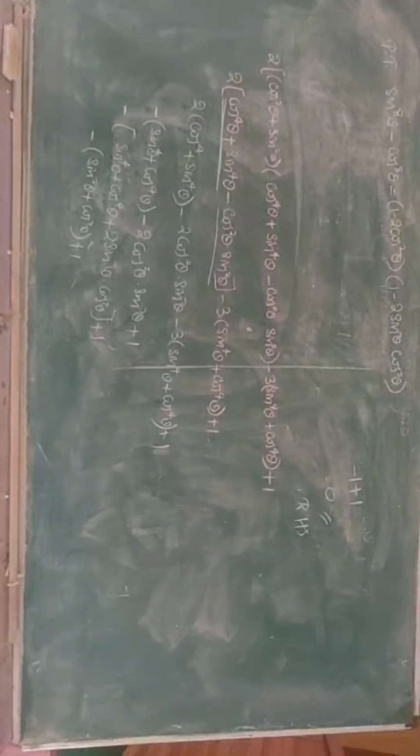Do that: sin to the power 8 theta minus cos to the power 8 theta is equal to 1 minus 2 cos square theta into bracket 1 minus 2 sin square theta into cos square theta.